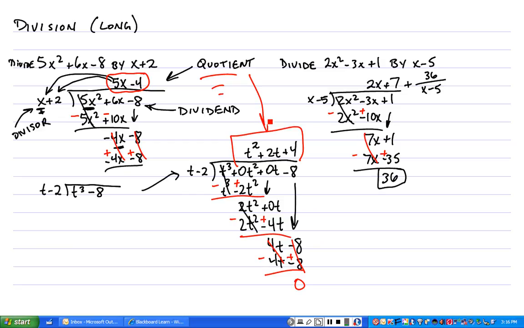Now, outside of long division, there's also the ability to divide using another method, which we call synthetic division.